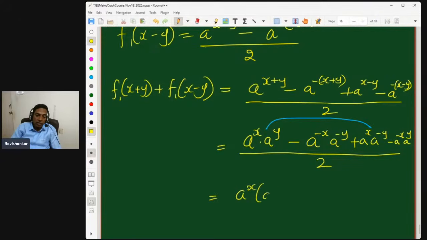You get a power x into a power y minus a power minus y. And similarly, if you take a power minus x common between these two, you will get a power y.